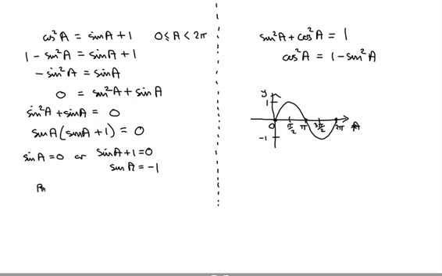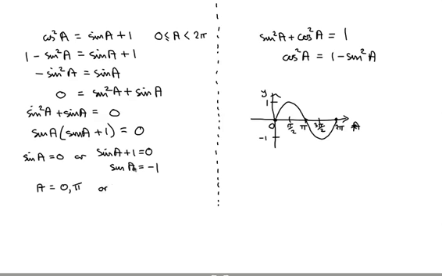So a is equal to 0, pi, or, now hang on, remember we said at the very beginning we weren't allowed a to be equal to 2 pi. We have a strictly less than sign here, so this is not allowed. So the only two values we're allowed are 0 and pi. So that's the end of that bit.